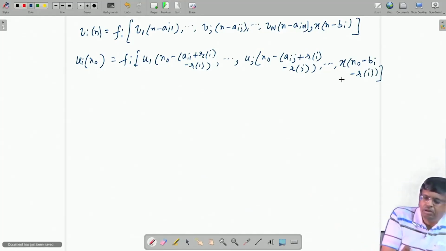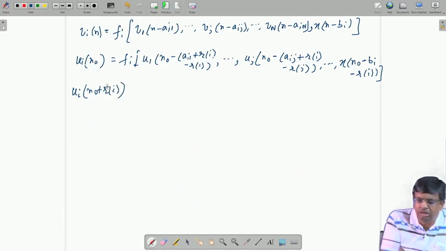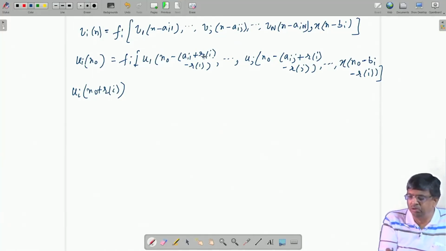Okay. So, for the advanced version Ui[n naught], if n naught is replaced by n naught plus r(i), the retiming value of node i is brought in. So, replace n naught by n naught plus r(i). If you have n naught plus r(i) here, that r(i) will cancel with minus r(i). Here also r(i) will cancel with r(i), there is a minus sign everywhere. Well, r(i) comes with a minus sign in all the expressions.